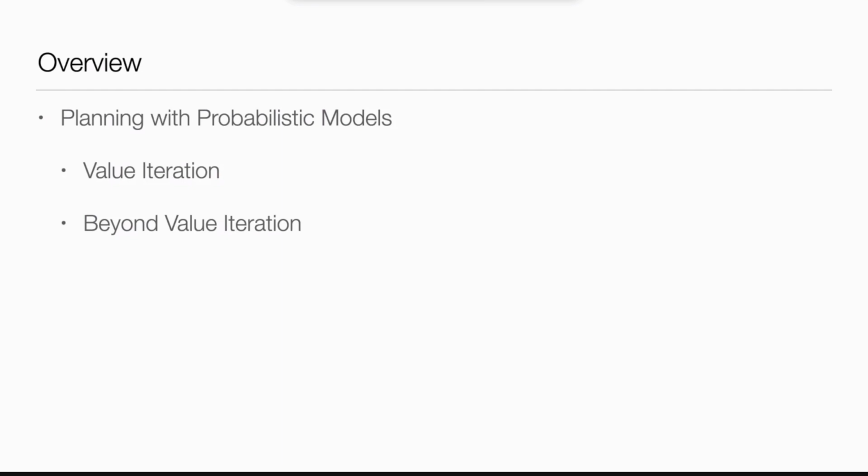Now, the key difficulty in applying PDDL or STRIPS models to robotics is that they are deterministic. If you remember, that meant the successor state, so the next state we see in a problem, is always fully determined by the previous state and the action we applied.